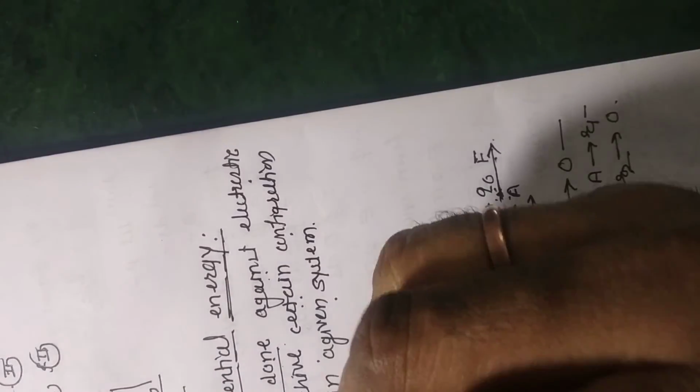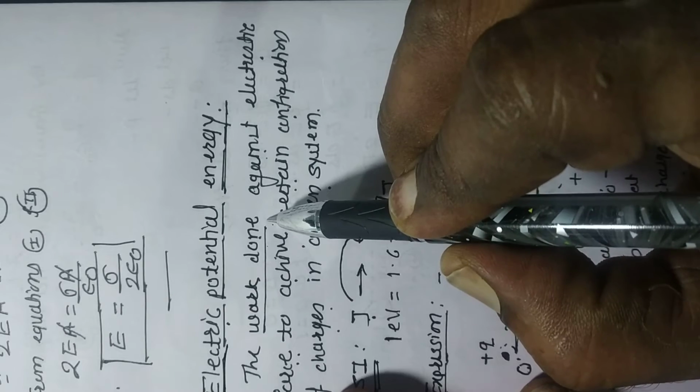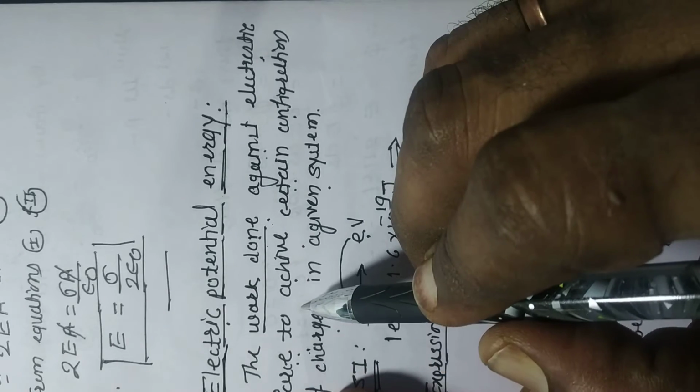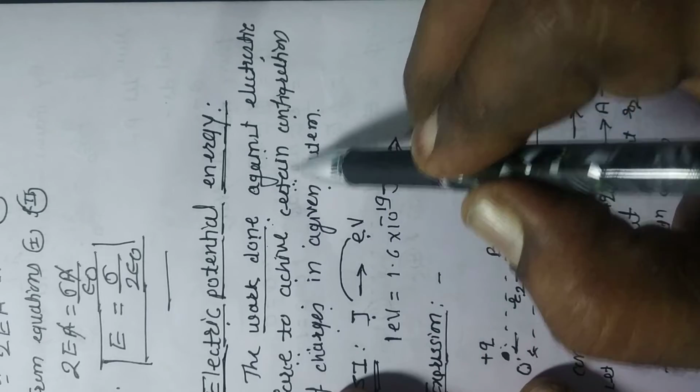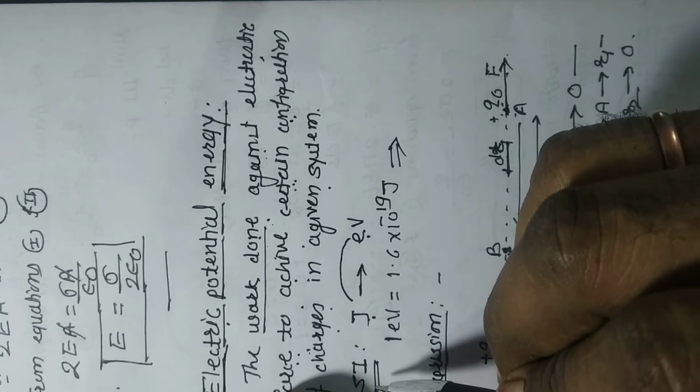What is electric potential energy? Work done against electrostatic force to achieve a certain configuration of charges in a given system is called potential energy.